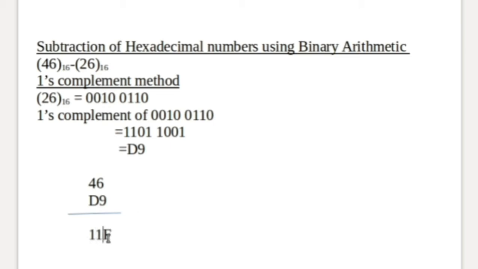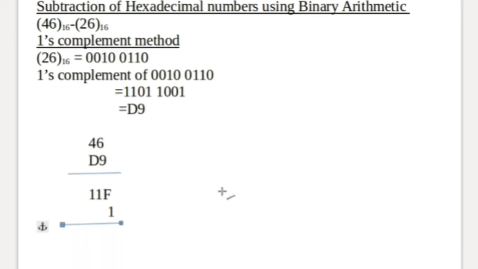Here there is a carry out from the MSB. In the ones complement method, that carry out is added to the LSB. So we get F plus 1, 15 plus 1 is equal to 16. The hexadecimal equivalent of 16 is 10. So 0 here, and the carry goes to the next bit.